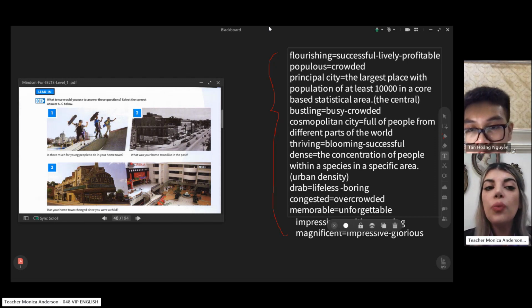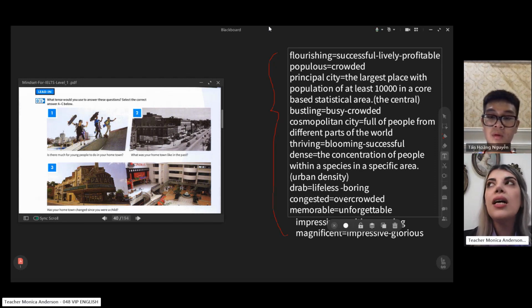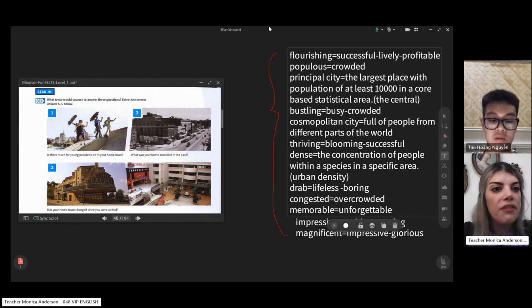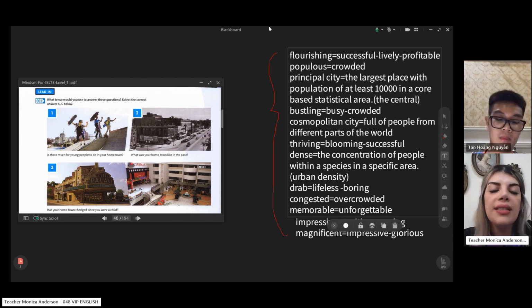And we have bustling. It means very busy and crowded. We have cosmopolitan city. New York is a cosmopolitan city. When you go to New York, you see this city is full of people from different parts of the world: Chinese, Asian, American, British, German. These types of cities are called cosmopolitan cities.